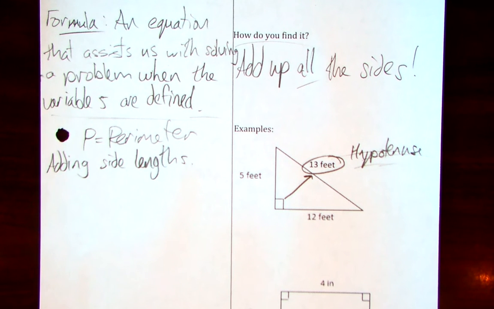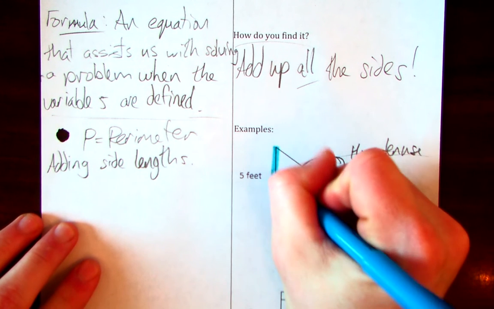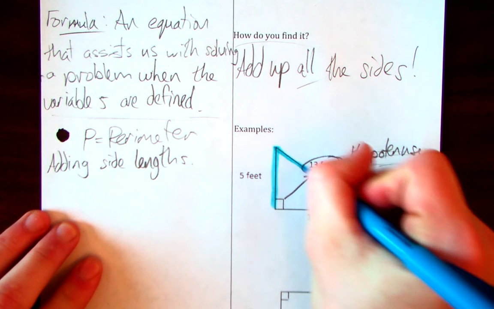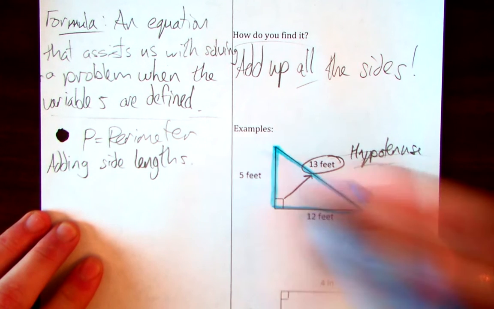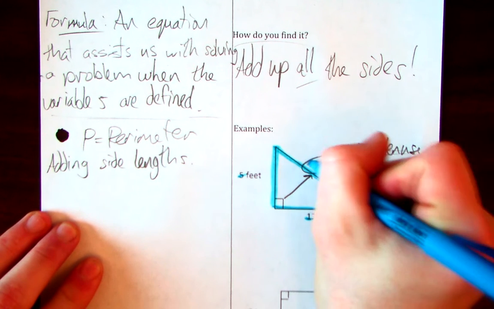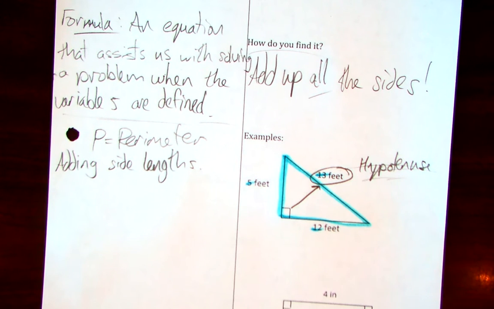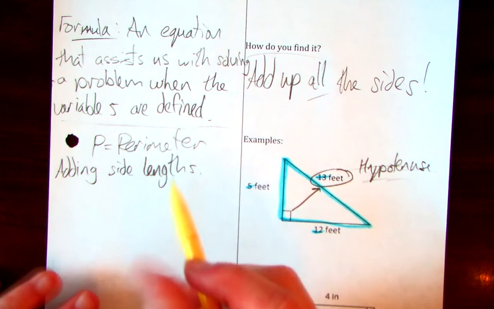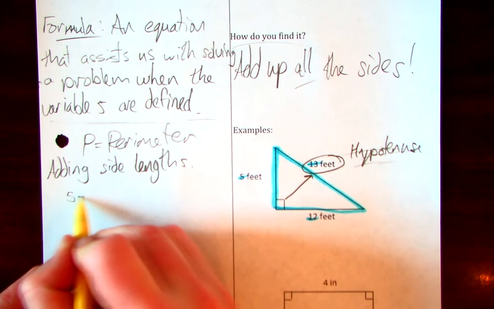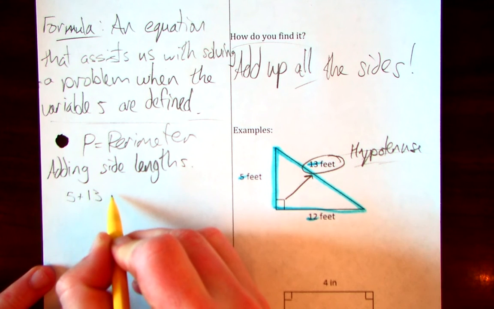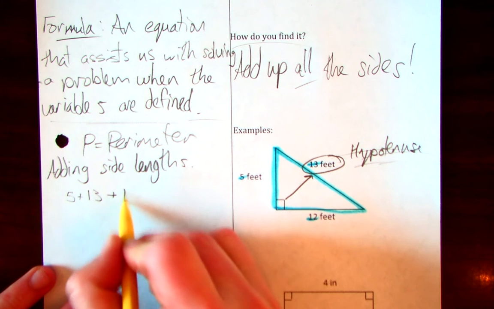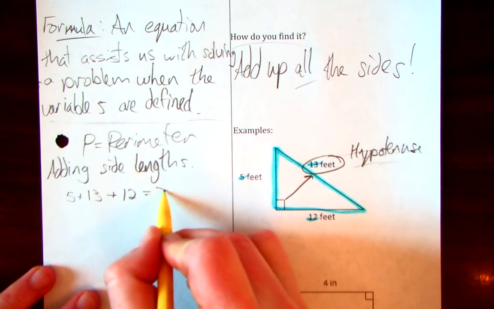Get used to either highlighting with whatever highlighter or colored pencil you may have those side lengths. So I'm going to have 5, 12, and 13. Again, doing some quick math, 5 plus 13 is 18, plus 12 is going to be 30.